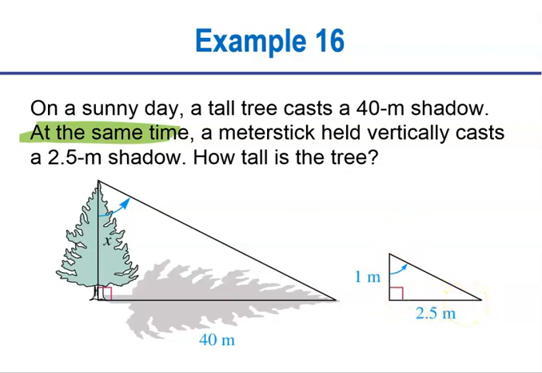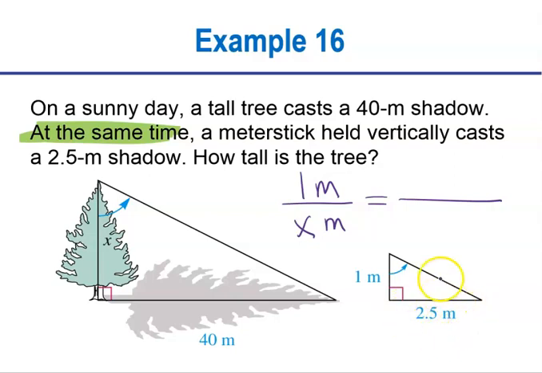We can set up proportion triangles here. Let's set up the ratio. I could say that this 1 meter here compares to what part of my other triangle? Well, that's the x. So 1 meter over x meters is equal to, now, let's pick proportional parts here.